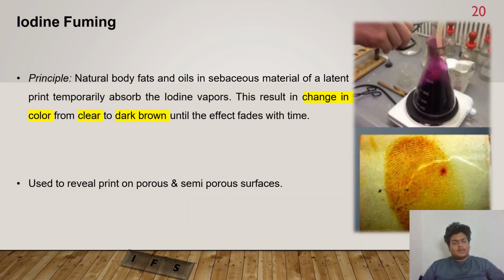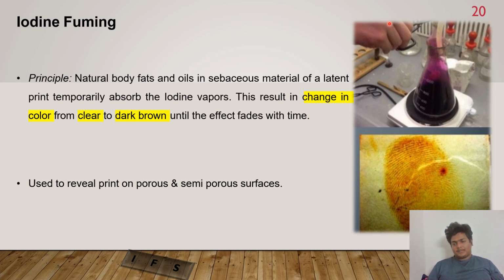Nextly, we have iodine fuming method for the development of fingerprints. The principle behind iodine fuming is sublimation. The iodine fumes are absorbed into the body fats of the oily substances present in the latent fluids, and they produce a dark contrast brown color which fades with time.